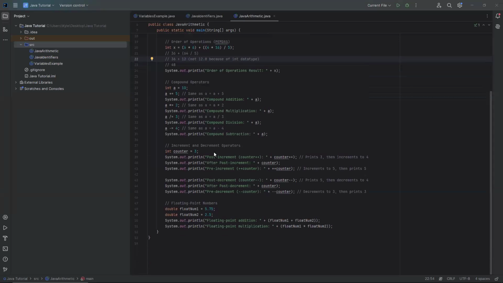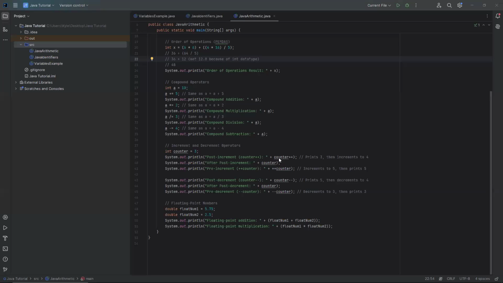And then increment and decrement operators. If you have seen Java before, you might not really understand the difference between these two, but they're pretty important to understand. This post-increment is when the two plus signs are after.